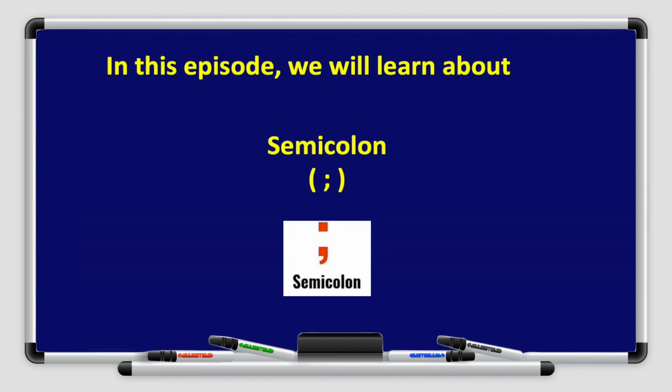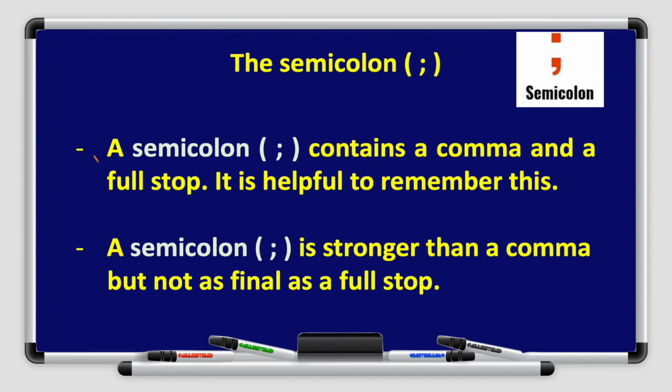Today we're going to learn about the semicolon. A semicolon contains a comma and a full stop. It is helpful to remember this. A semicolon is stronger than a comma, but not as final as a full stop. So it's between the comma and a full stop.